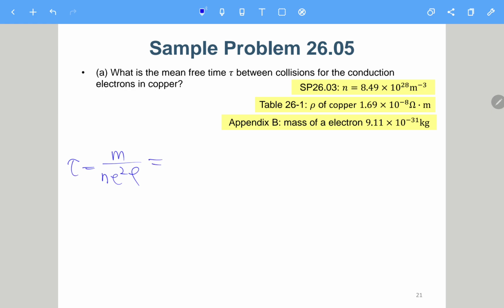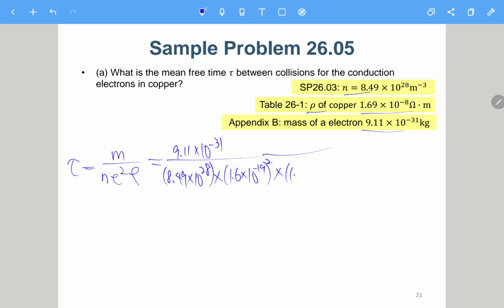Actually, we can get all the variables n and rho from the table 26.1, and then the mass of the electron. Mass of electron is 9.11 times 10 to the negative 31, and n is 8.49 times 10 to the 28th power, and then times 1.6 times 10 to the minus 19 quantity squared, and then times rho, which is 1.69 times 10 to the negative 8.